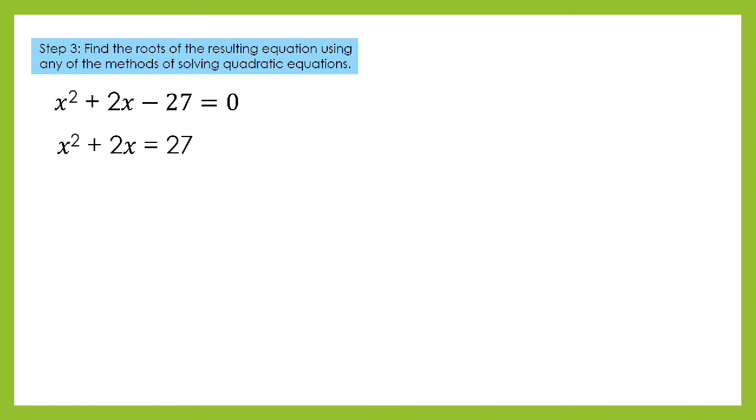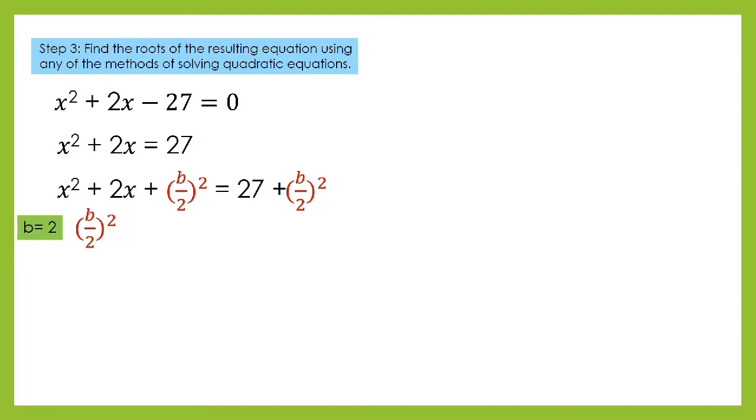Lipat natin sa right side, so magiging positive 27 na siya. The next step is to add the square of b over 2 to both sides of the equation. Ang b natin is 2, yung numerical coefficient ng ating linear term. Substitute to the square of b over 2.